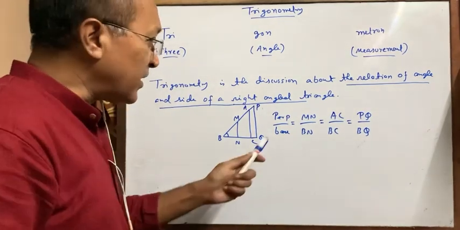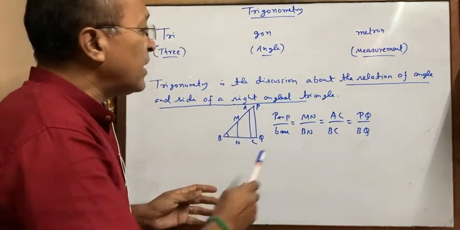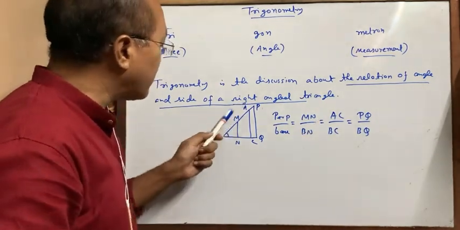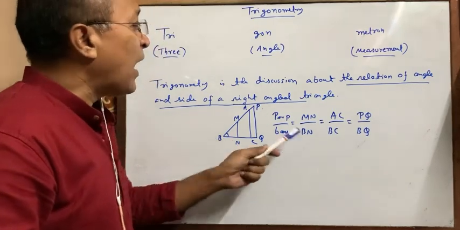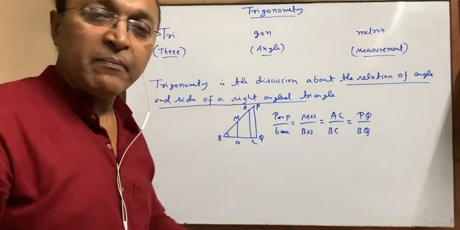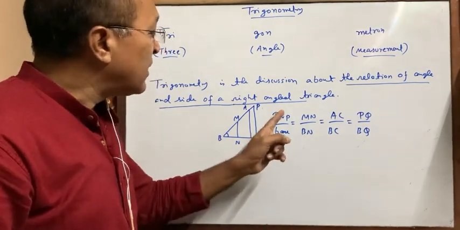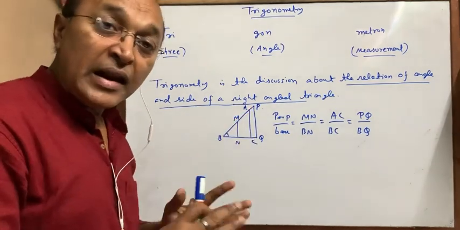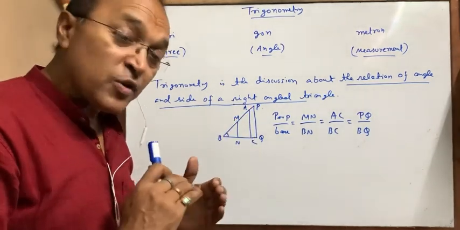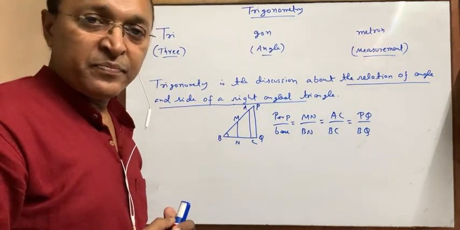You will notice one thing: MN by BN from the right angle triangle MBN, AC by BC from the right angle triangle ABC, and PQ by BQ from the right angle triangle PBQ, all are same. Irrespective of any measurement of length, the ratios have to be same.